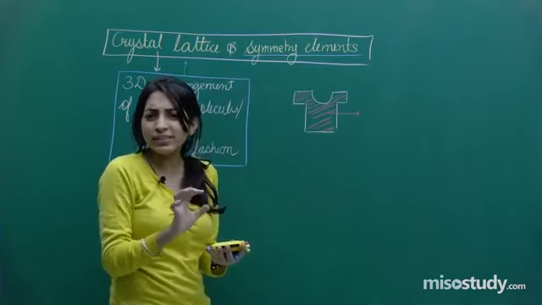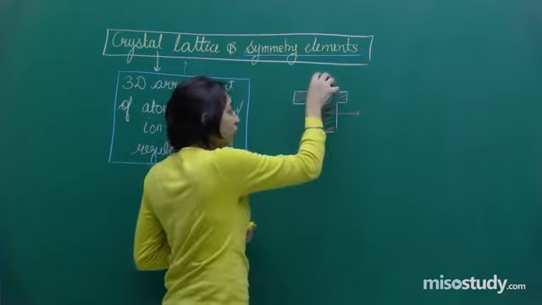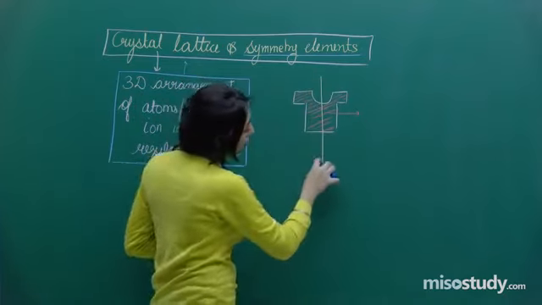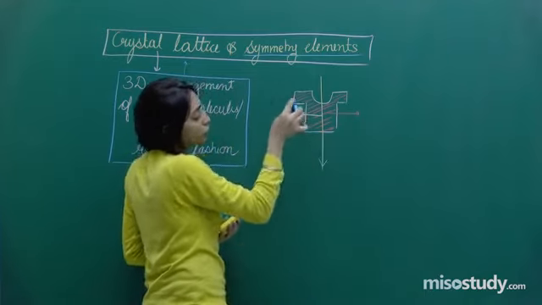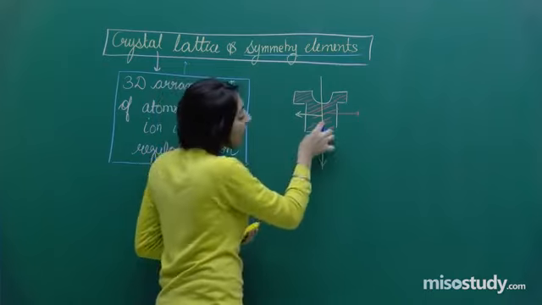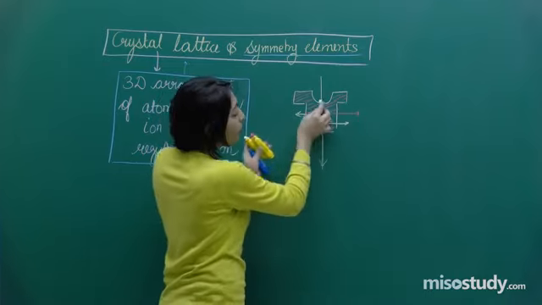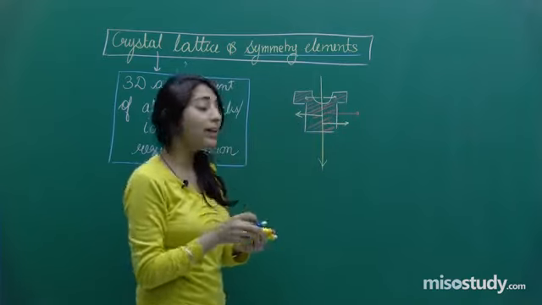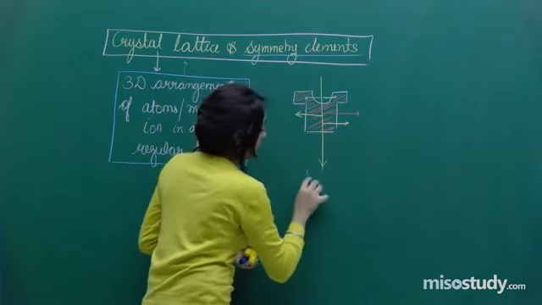Now guys, you must have seen when your mom asks you to fold the shirt, she will generally start from the center, right? And when she starts from the center, this part of the shirt will look exactly similar to this part of the shirt. Am I right? Now this thing is known as symmetry.